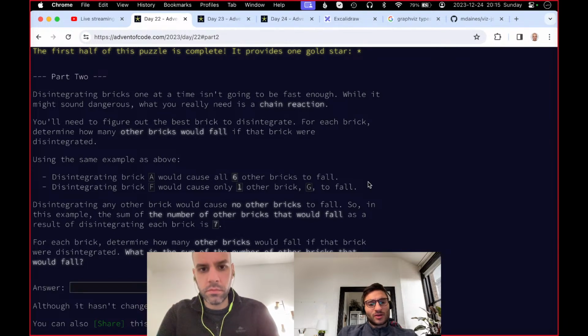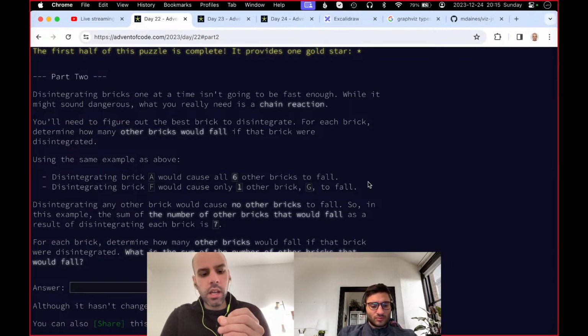Yeah. We're choosing the bricks which are disintegratable. Doesn't that mean the bricks which you can pull out which won't cause movement? So they changed the problem now. Yeah, the problem is now we are going to try and disintegrate each brick one at a time, not all at once.